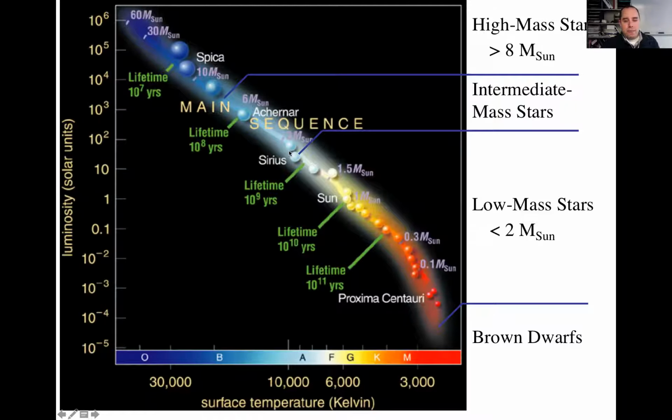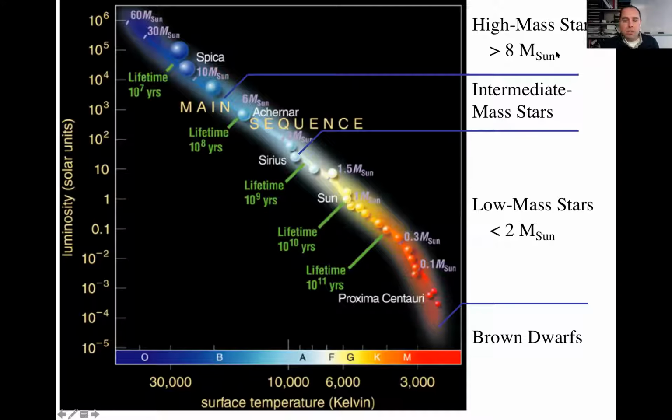However, it's a fairly boring time of a star's life. It's not changing in mass or temperature. It's not changing in luminosity. Its position on the HR diagram is fairly fixed. And so we don't spend much time talking about it. Stars are burning hydrogen and helium happily as they're on the main sequence. It's what happens after they run out that becomes interesting. And we'll talk about that on the next slide.